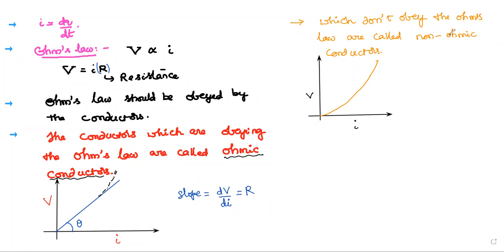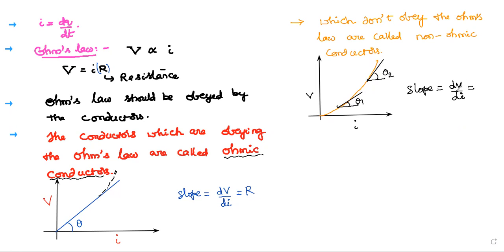The reason here is, even though they do not obey Ohm's law, to find the resistance at a point, again we use Ohm's law only: instantaneous resistance, instantaneous slope. Here theta 1, here theta 2. To find the slope, generally we write dV by dI.